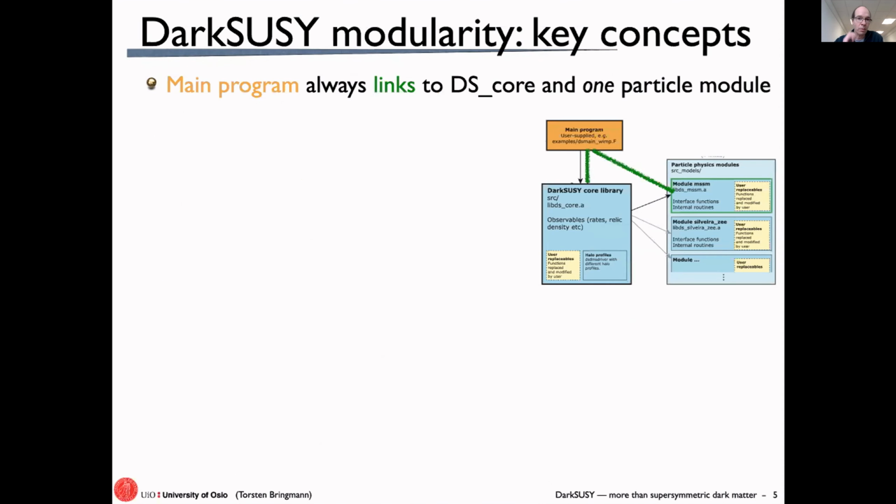So very quickly, the main structure of the code is such that you always have, as a user, to provide your main program, and we provide various examples of that. And then you link to the main library, the core library, that contains all the particle physics independent stuff, and one of the particle physics modules.